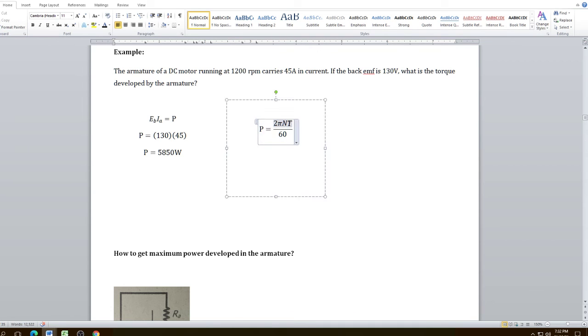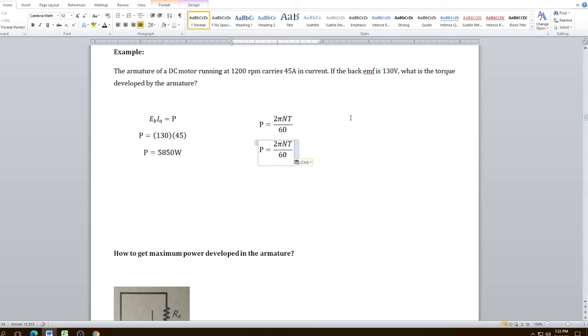So what is left is T. Substitute the given as well as the power we have solved: 5850, and N is 1200 RPM.